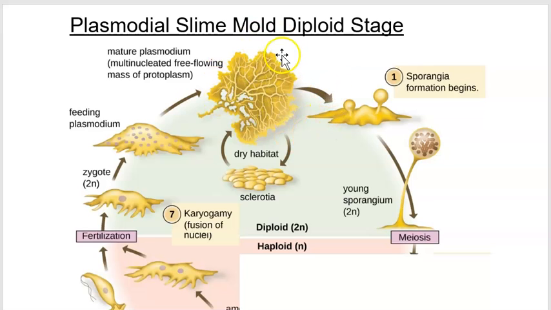And when things become unfavorable, that plasmodium is going to go ahead and go through this process of making a sporangium so that they can do meiosis and make the spores that are going to be resistant to that adverse environment. So they've come up with some strategies to allow them to survive when the environment is good, and also when the environment is bad, so that you can go into that dormant stage right there.